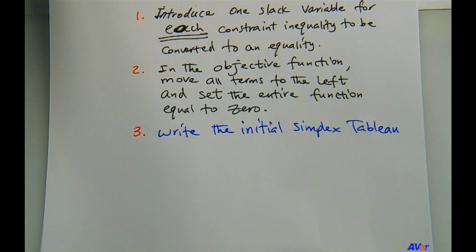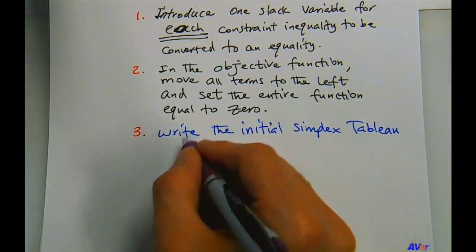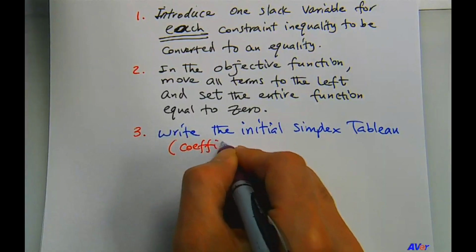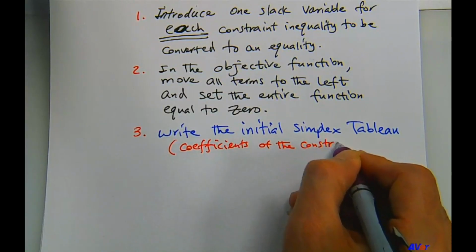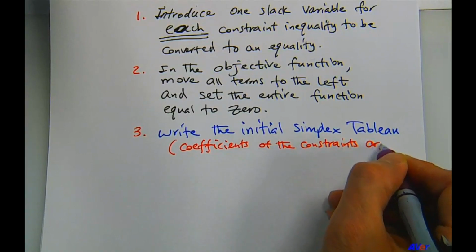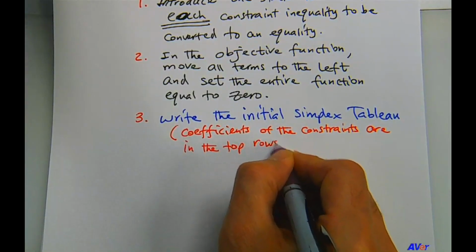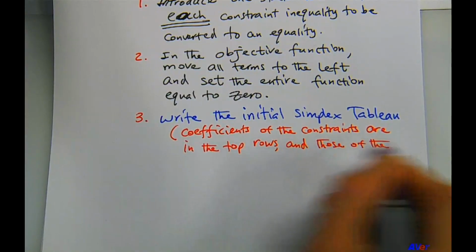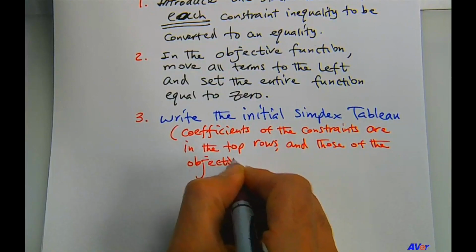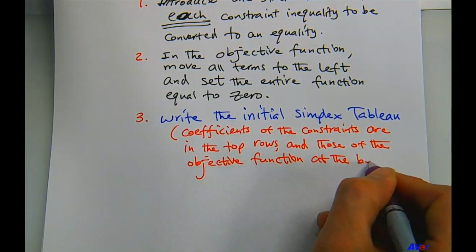And then, let me quickly connect this to what we've already said, that in the initial simplex tableau, the coefficients of the constraints are in the top rows, and those of the objective function at the bottom.